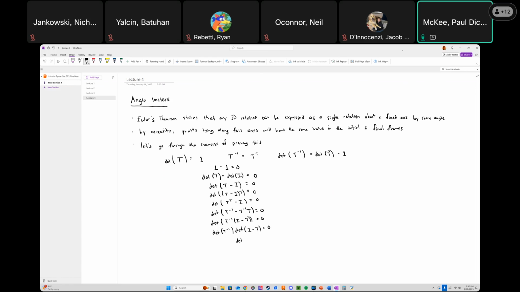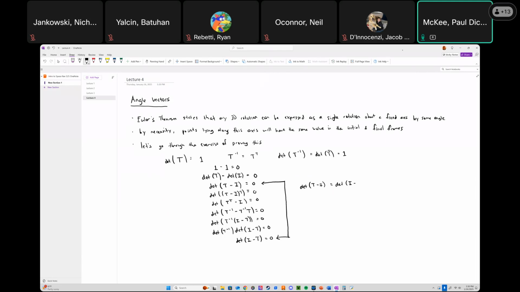So really what we're saying is that the determinant of I minus T is 0. Okay, well now here's something neat. We just said that the determinant of T minus I is 0, but also that the determinant of I minus T is 0.